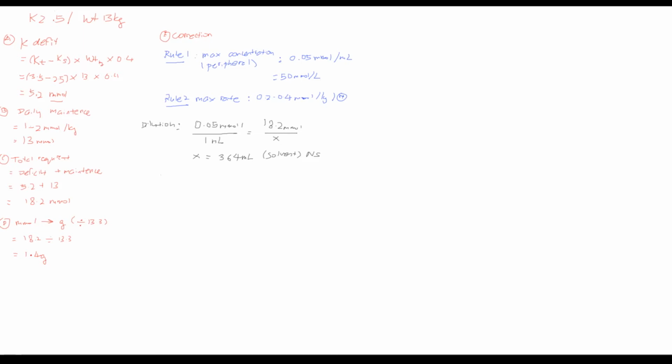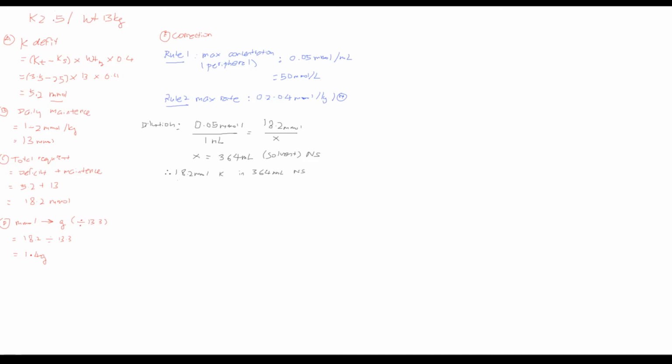So this means that we will give 18.2 millimoles of potassium in 364 mL of normal saline.